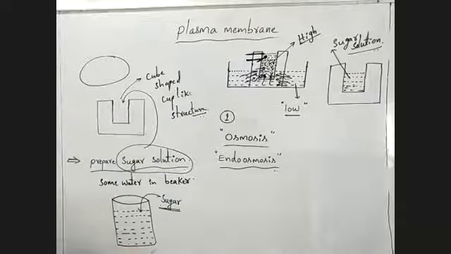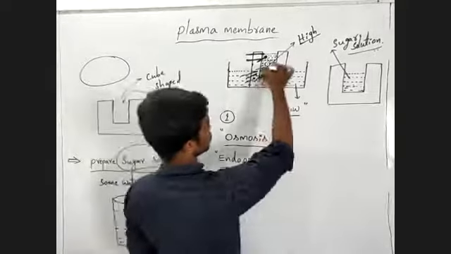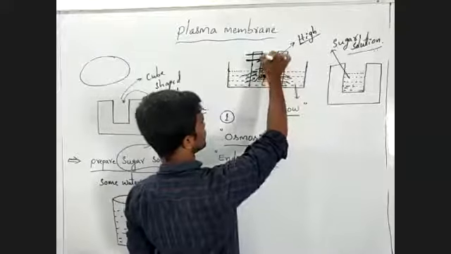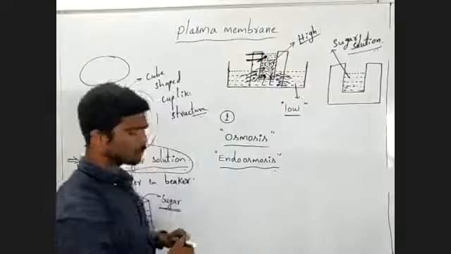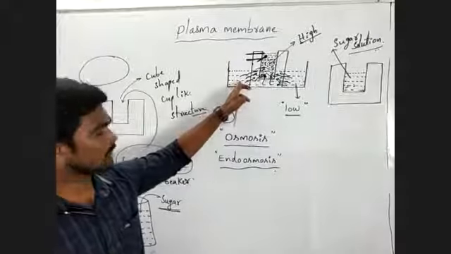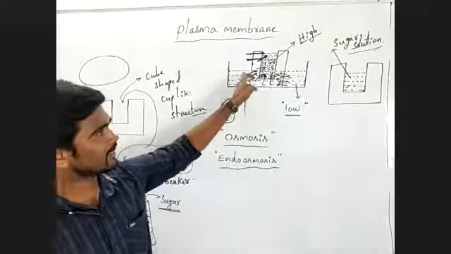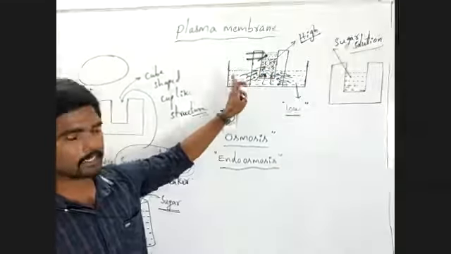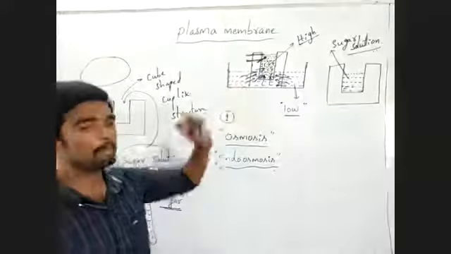Increased level of sugar solution. Observe carefully. Why sugar solution increased in cup of the potato? Because water has entered into the sugar solution from the beaker or from the petri dish.